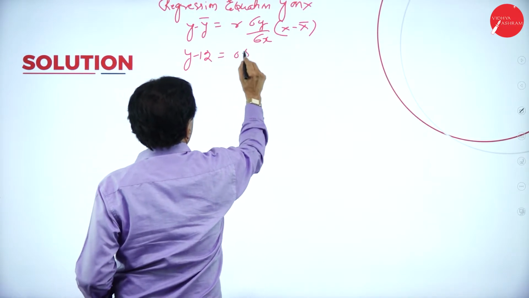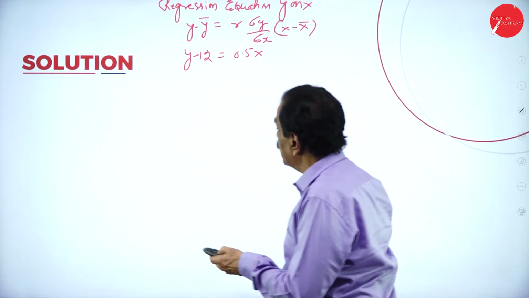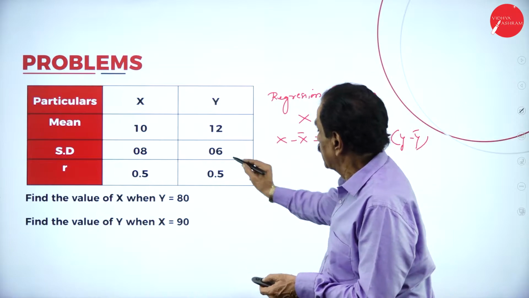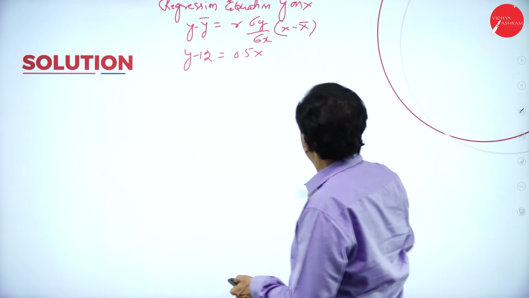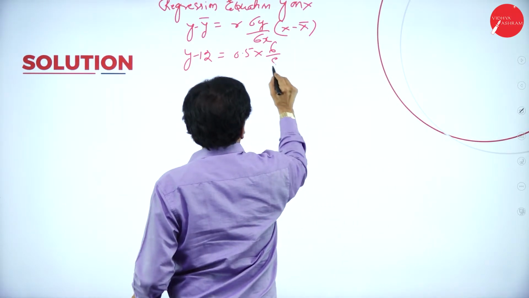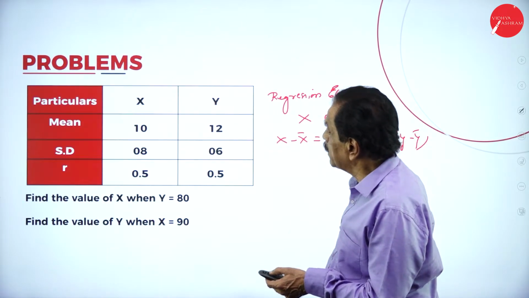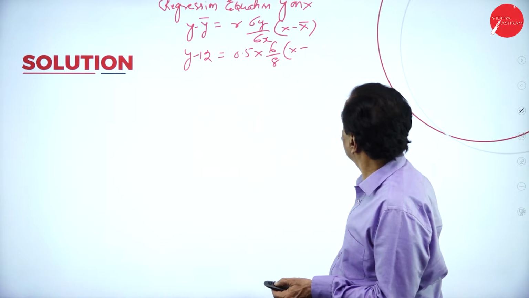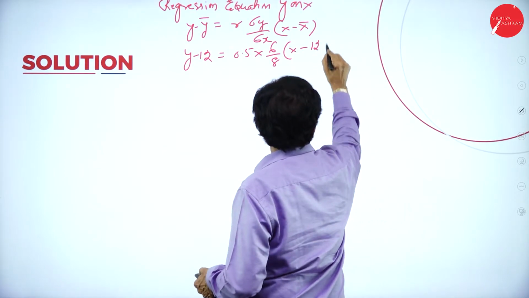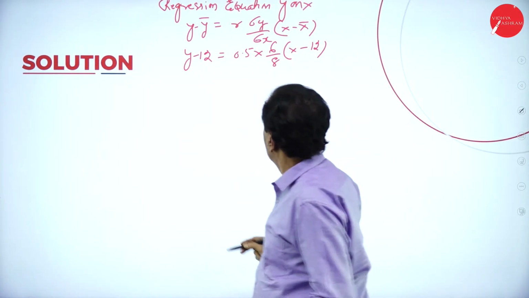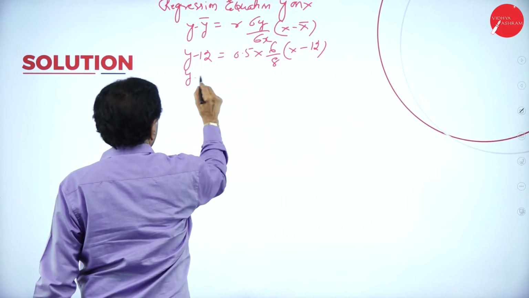R is 0.5. Standard deviation y is 6 divided by 8. X minus x mean is 12. Simplify this. Y minus 12.